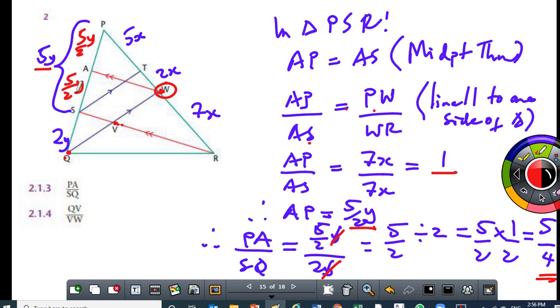If you say QWP, which 2 lines are you talking about? ST and QW parallel. Yeah, but how is that going to help you to find QV over VW?